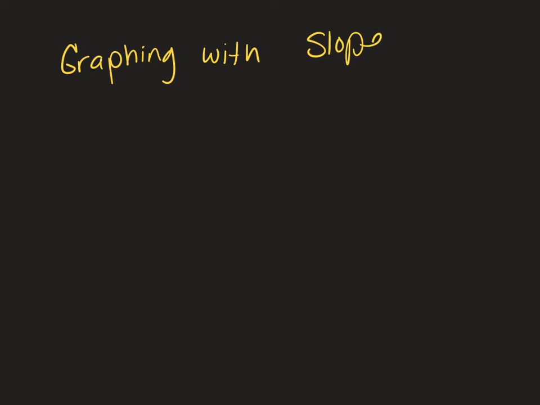All right, if you're following along in this section, we're now on page 161. We're going to talk about how to graph a line when you're given the slope and a point. Remember that slope is rise over run.